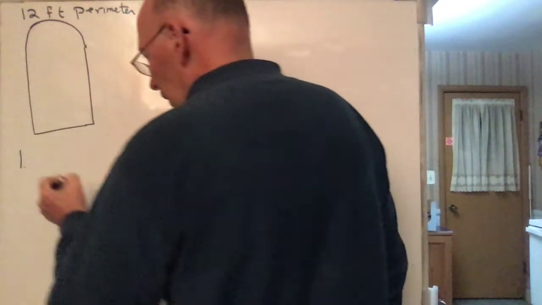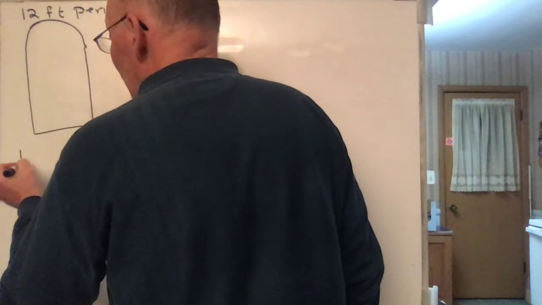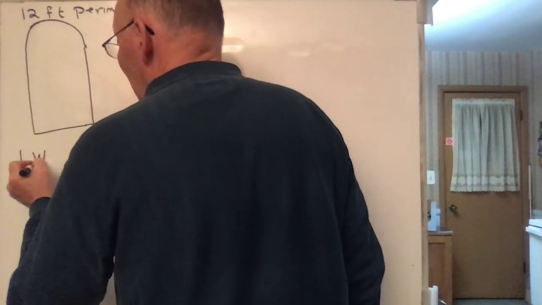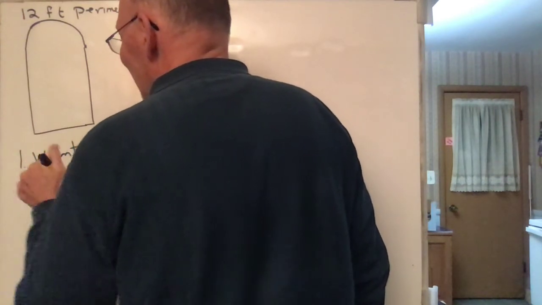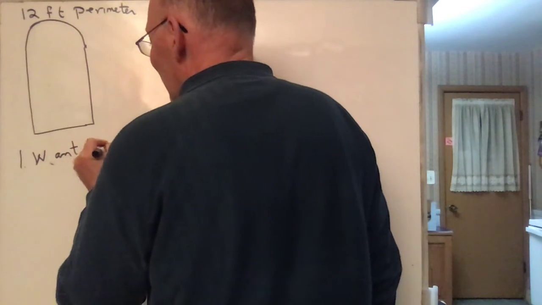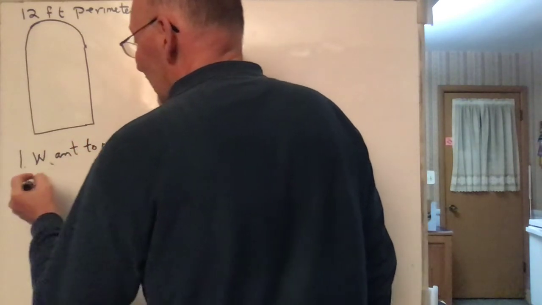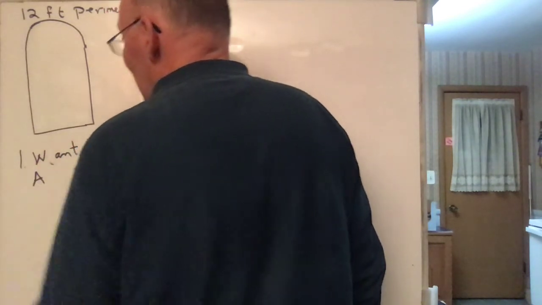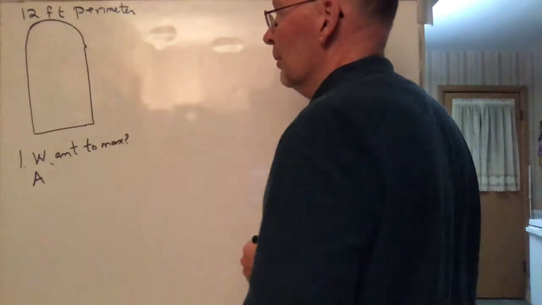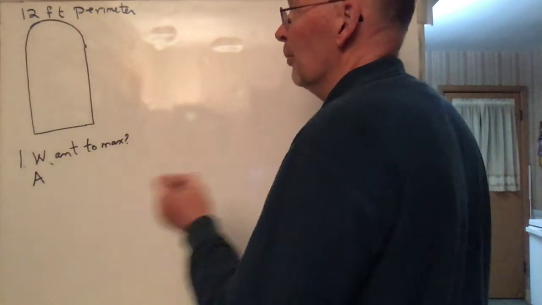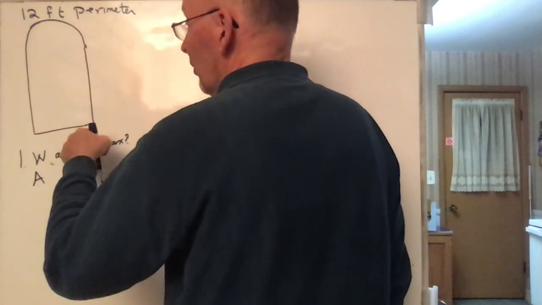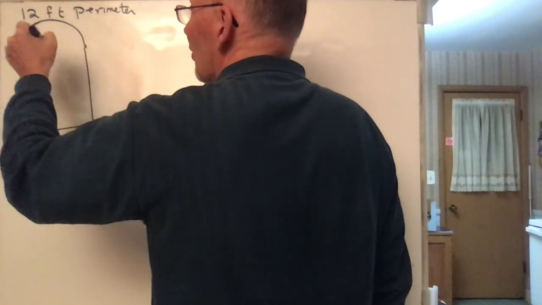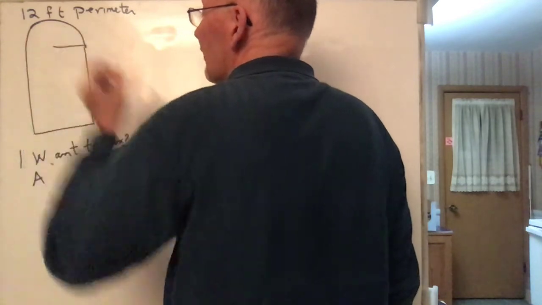The first step is, what do you want to maximize in this case? You want to maximize the area. And so we need to come up with variables again. We could let this be x, for example, and then the radius here would be half x.